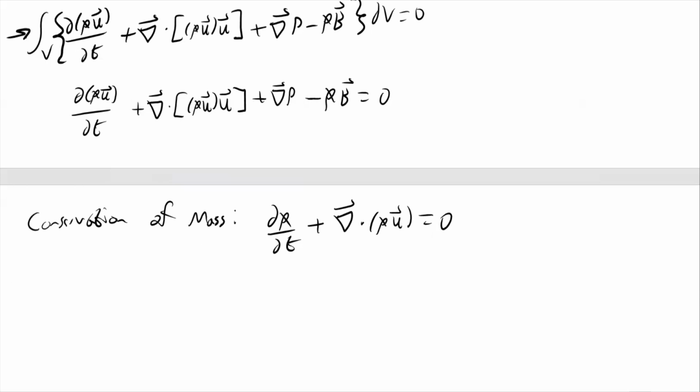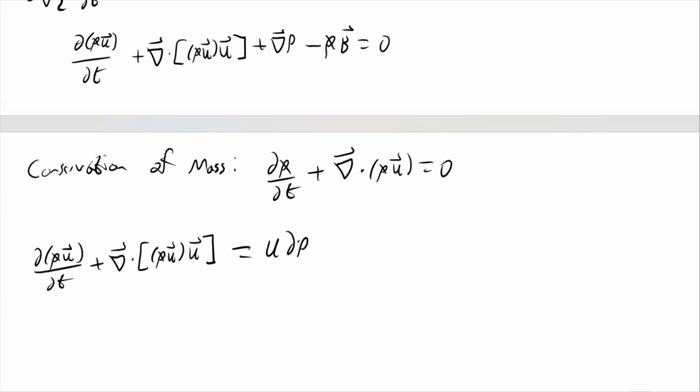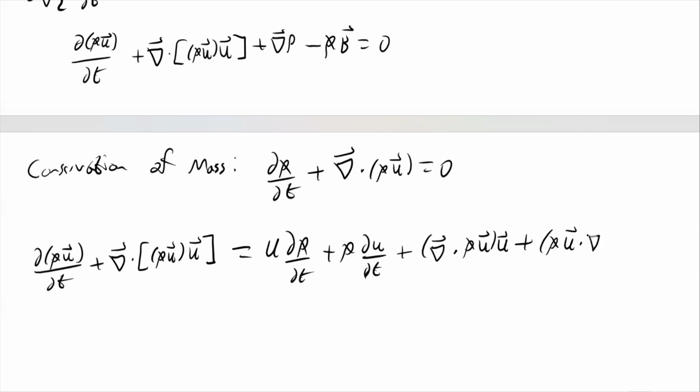So let's expand the first two terms of our solution here. So we have d rho u dt plus the divergence of rho u u. And if we expand that out by the chain rule, we get u d rho dt plus rho du dt plus u times the divergence of rho u plus rho u dot grad u.